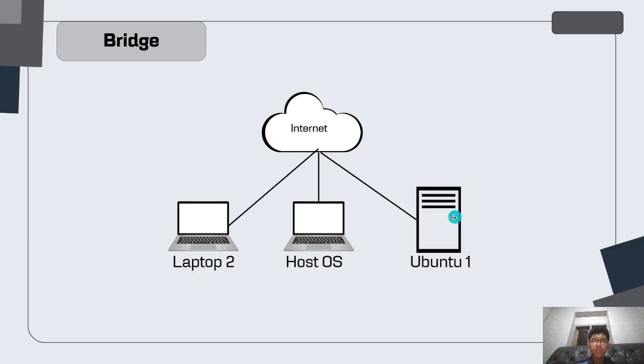The interface of VM1 is combined with the interface of my laptop. After I set the bridge feature, my Ubuntu 1 or my VM can be accessed by another laptop, but it must be connected to the same Wi-Fi.